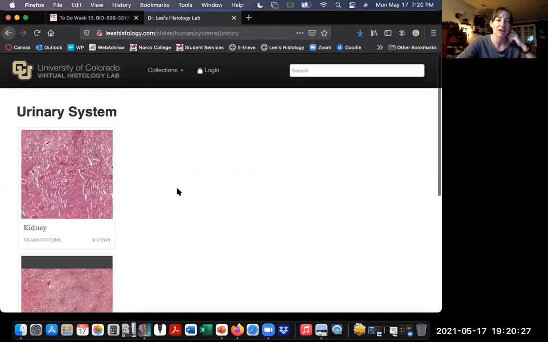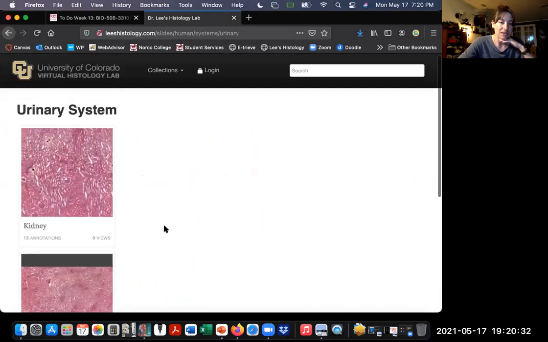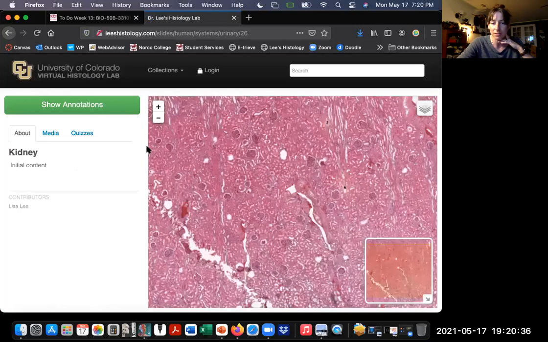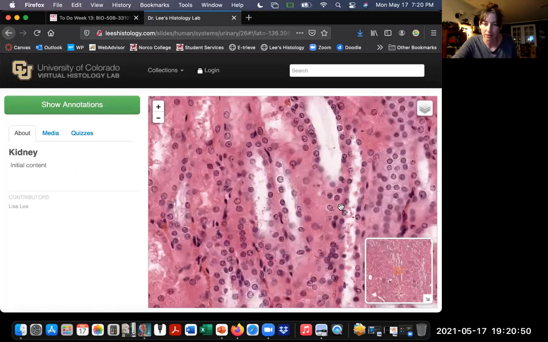So here again is Dr. Lee's histology virtual lab. Let's take a look at some kidney tissue here, which is pretty cool. We've got lots and lots of tubules. Some of them we can see in a lengthwise cross section, in this region over here, which is fascinating.